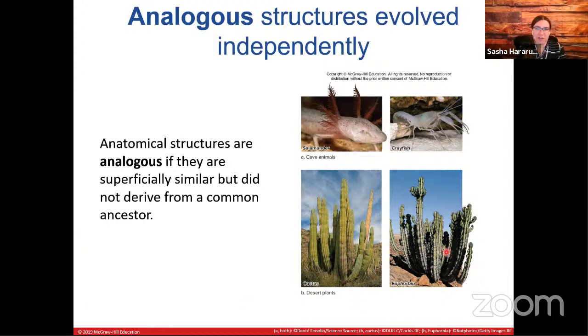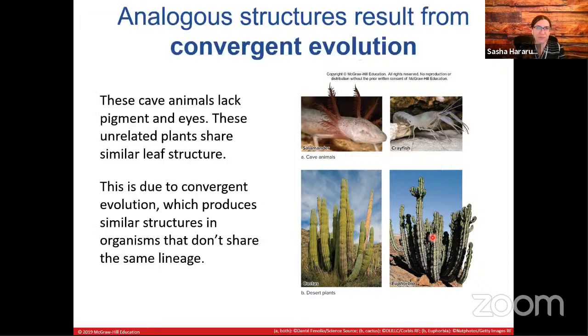Another example given in the book is a cactus and a euphorbia plant. Genetically, they're not similar, but they do have the same succulent type of structure, which is considered analogous.